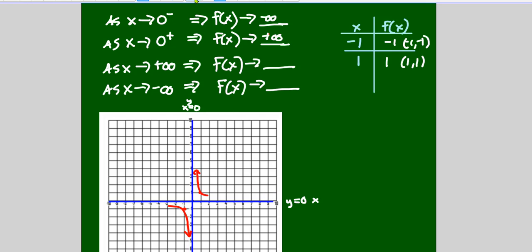It's never quite going to get there, so f of x we showed is going to go to 0. So the graph is going to look like this. Okay, and then as x goes to -infinity this way, the graph is also going to hug that line y equals 0 like this. So we get this, what's called a hyperbola graph.